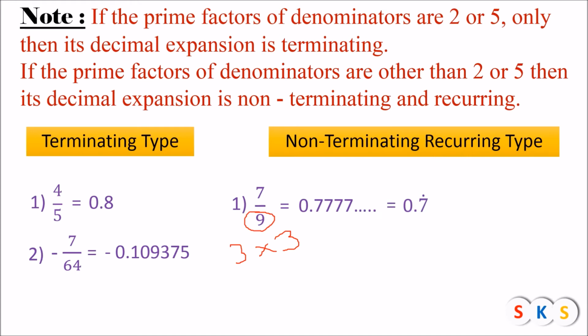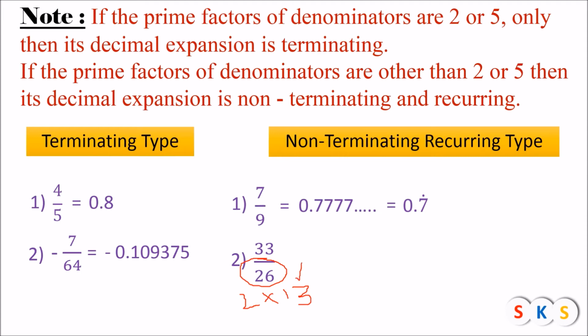Now let's see the second example. It's 33 upon 26, and what is the denominator here? It's 26, and the prime factors of 26 are 2 into 13. You can see that one of the prime factors of this number is other than 2 and 5, right?